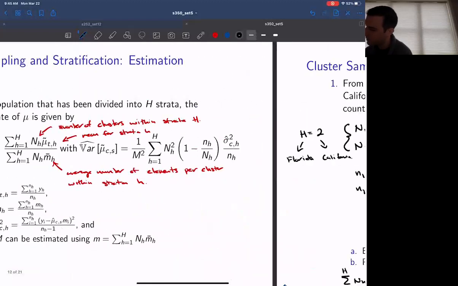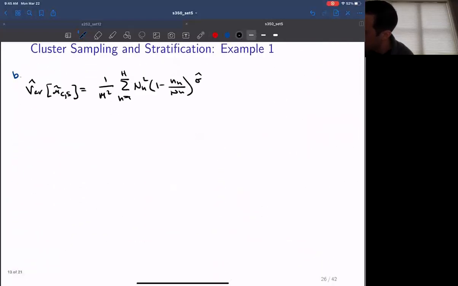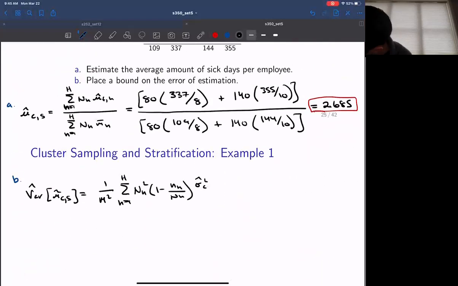C comma H, okay, sigma hat squared C comma H divided by little nH.